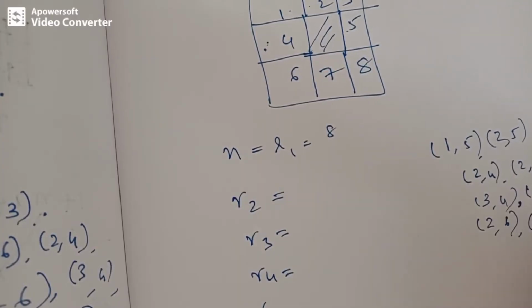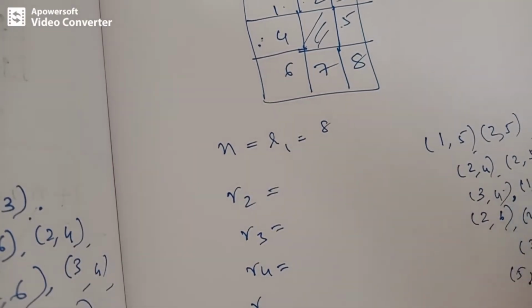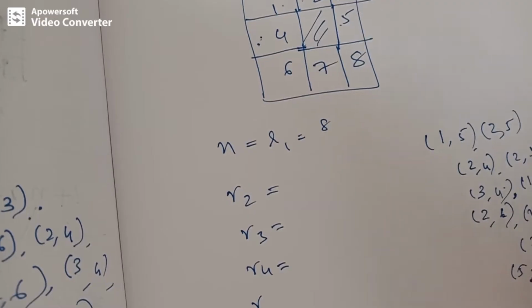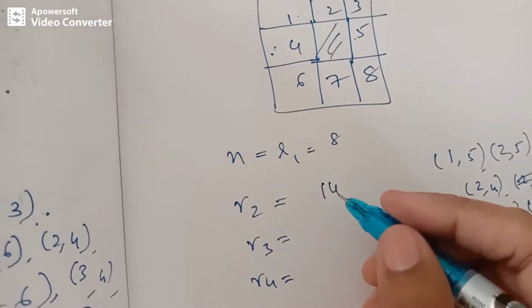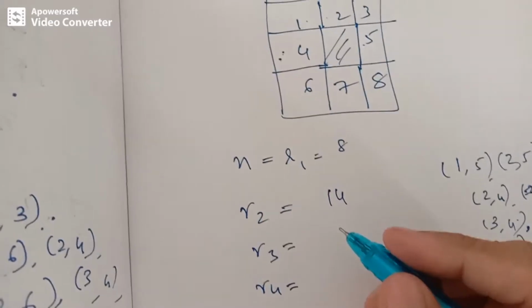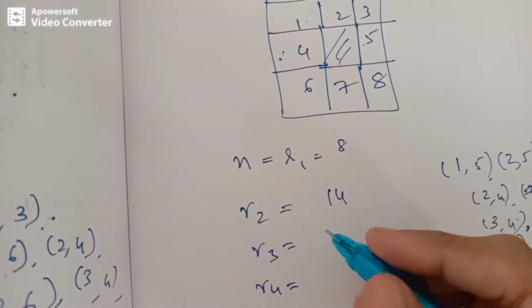We can have 3-6 and 3-7. We can have 5-7 and 5-6. We can have 4-7 and 4-8. So how many pairs are there? 15 pairs. I think I have repeated one. It's 14 pairs. So the value of R2 is 14. 14 such non-capturing rooks.